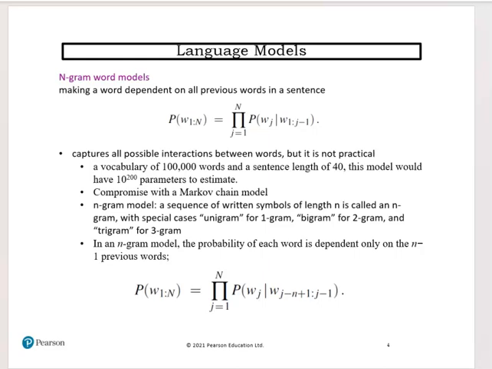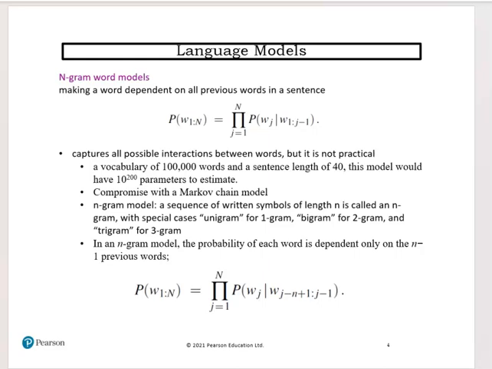Now, a more realistic approach is to introduce a new model where each word depends on what has already been picked from the bag. We can start by making each word dependent on all previous words picked so far.